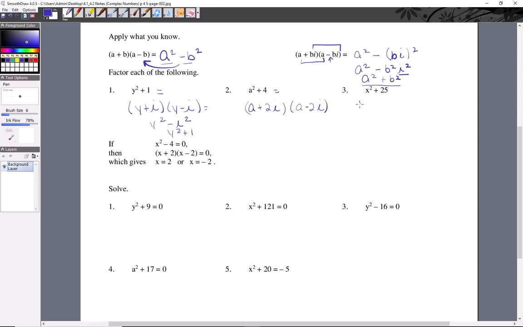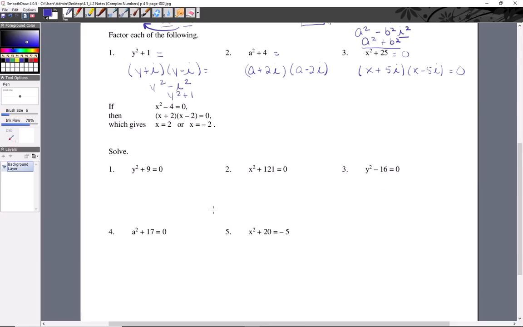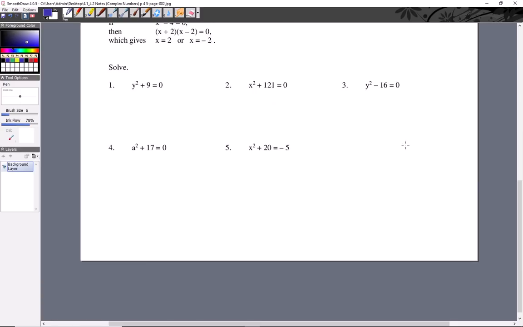Over here, this will be x plus 5i, x minus 5i. So you can see that if this thing is equal to 0, we can figure out imaginary roots. All right? So we'll finish up with these last 5 examples, and then we'll be through.